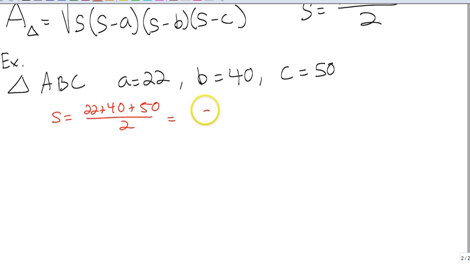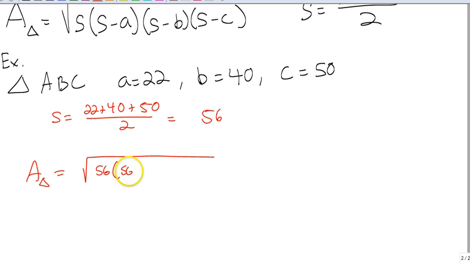And we get a semi-perimeter of 56. Now I can find the area. The area of the triangle is equal to the square root of 56 times 56 minus A, which is 22, times 56 minus B, which is 40, times 56 minus 50, because that would be C.